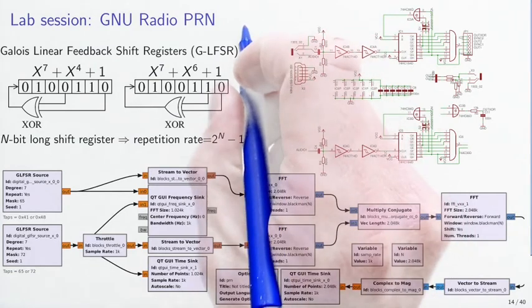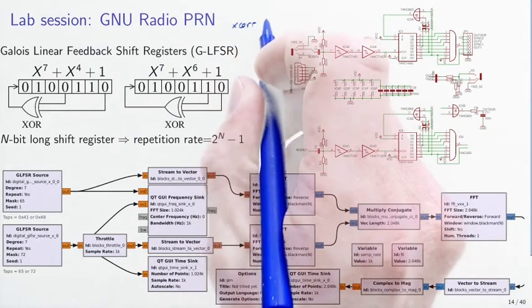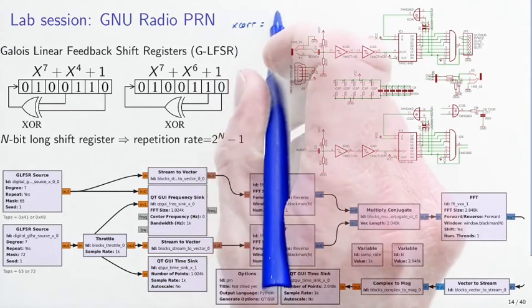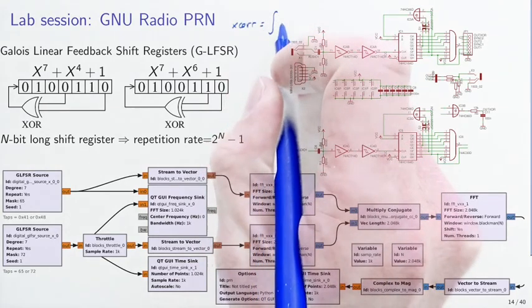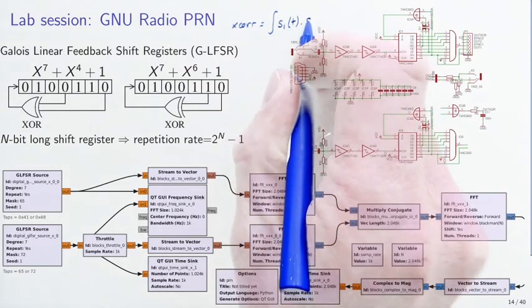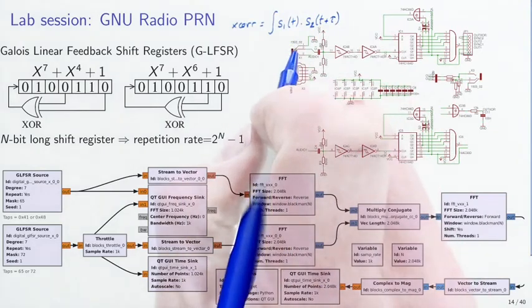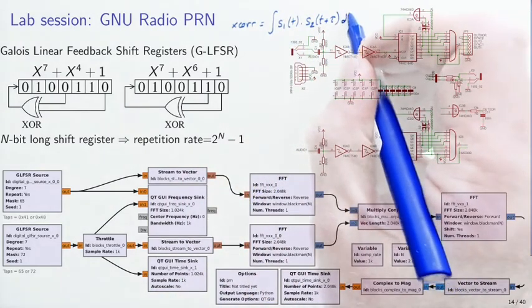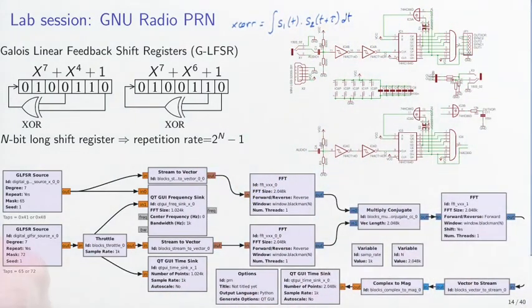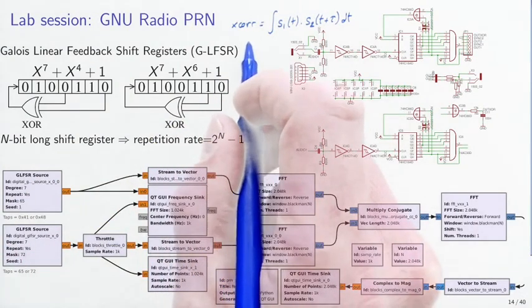The cross-correlation between these two signals will be the integral of the product of one signal at time t multiplied by signal 2 at time t plus tau, and this must be integrated over time dt. So how do we actually implement this? Well, again, by using an XOR function, we have something that reminds us of a multiplication.